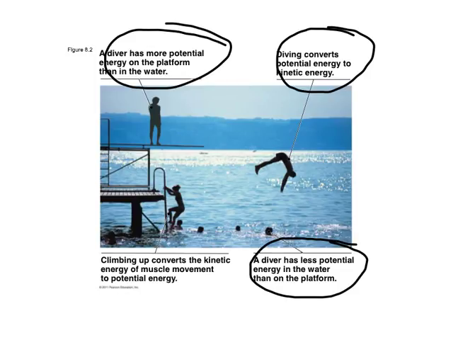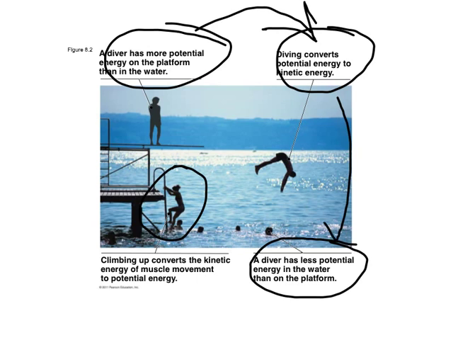And then climbing up converts the kinetic energy of muscle movement to potential energy, so starting that process over again. So if you look, energy is used, kind of goes to a plateau, and then you build up the energy again until you've got that potential energy built up again.